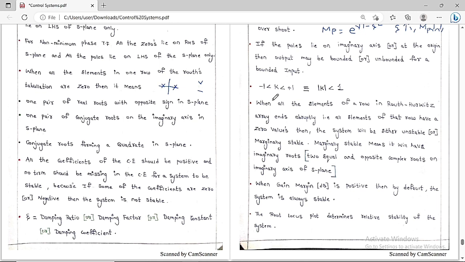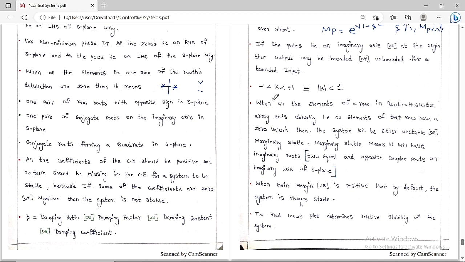The next point is, when all the elements of a row in a Routh-Hurwitz array end up abruptly, that is, all the elements of the row have 0 values, then the system will be either unstable or marginally stable. Marginally stable means it will have imaginary roots, two equal and opposite complex roots on the imaginary axis of the S-plane. So listen carefully.